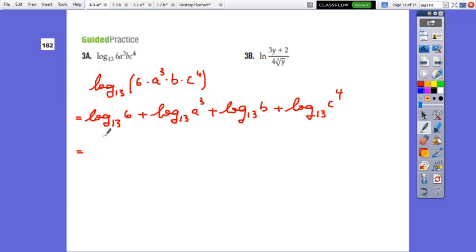We take the logs one by one in order. Here we cannot simplify more. When we factor 6, it will be 2 times 3, so there is no power. And the base in the log is different from the number, so we keep it as it is.